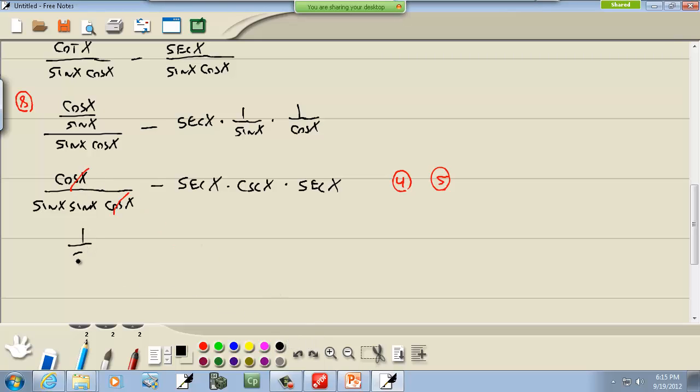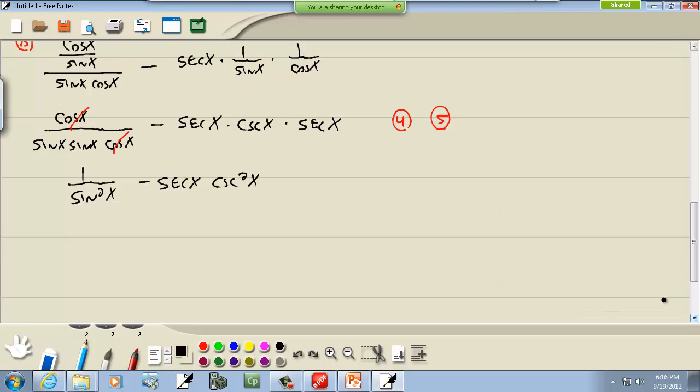So we'd have 1 over sine squared minus secant x cosecant squared x. And we just said 1 over sine from number 4 is cosecant, so this one becomes cosecant squared minus secant x cosecant squared x.